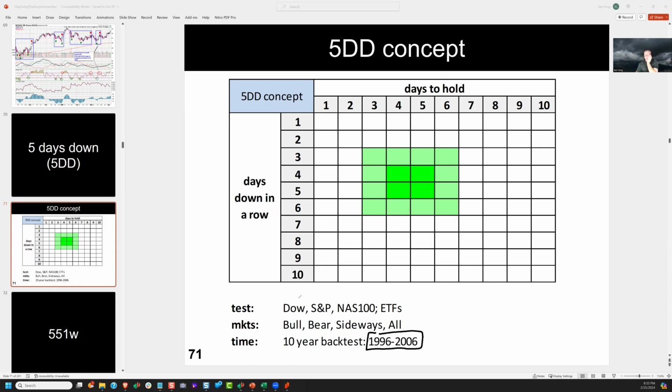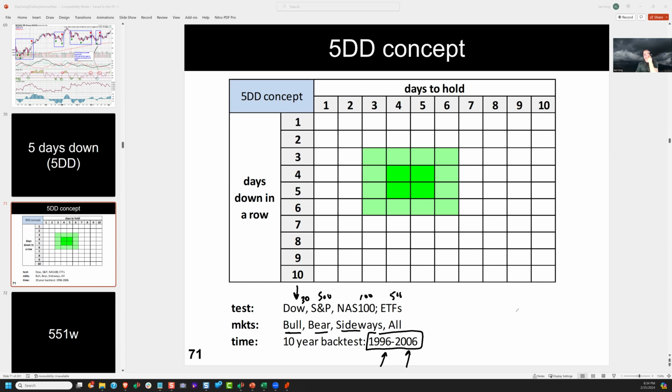We looked at all Dow 30 symbols and all 500 members of the S&P 500 and 100 NASDAQ symbols and about 500 exchange traded funds. And we tested them in all kinds of markets, every day for that 11-year period.